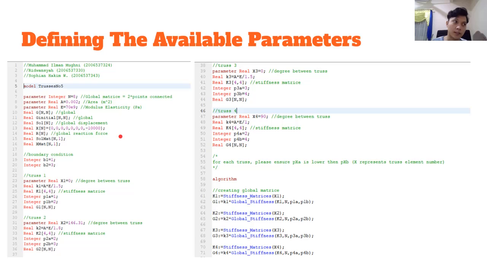As we can see in the previous slide, the external force acts just on node 4, and the external force is in the negative y direction. So I write it on the worksheet like this: minus 10,000 Newton.